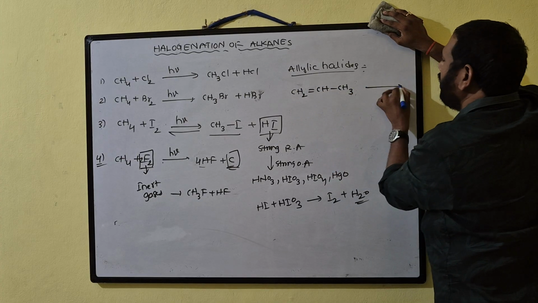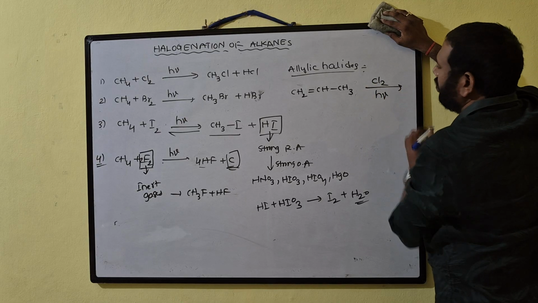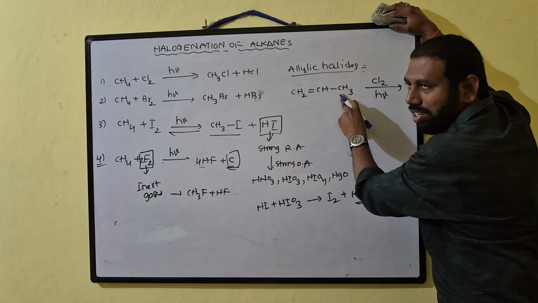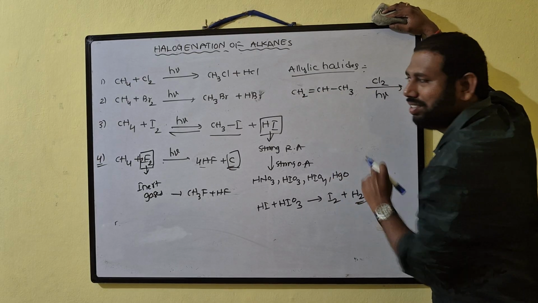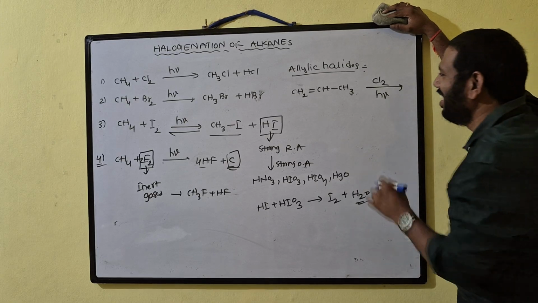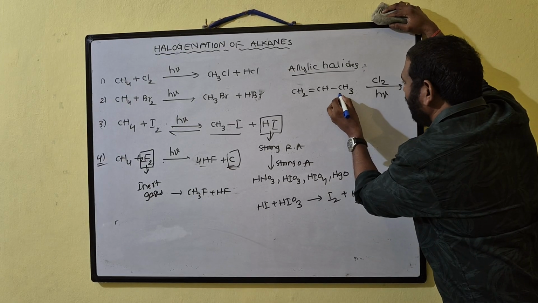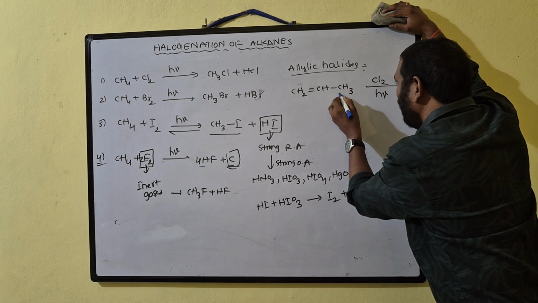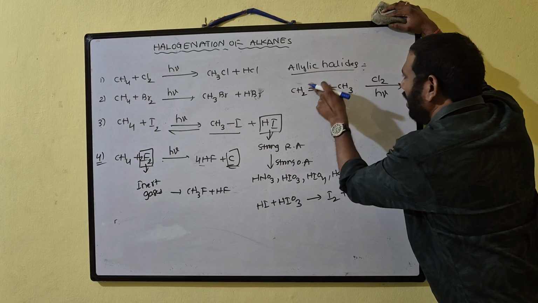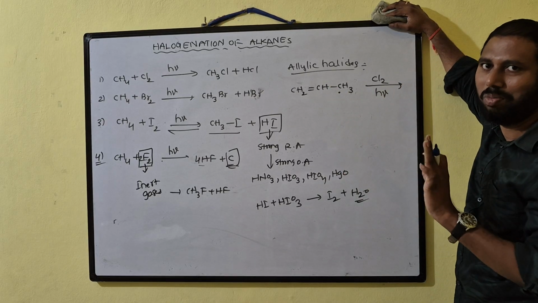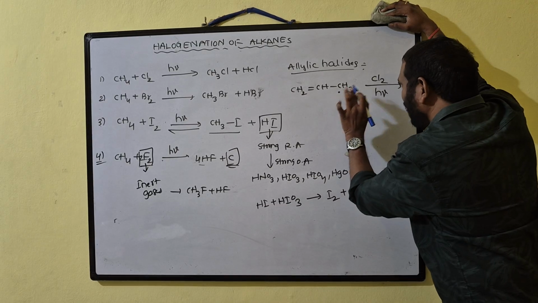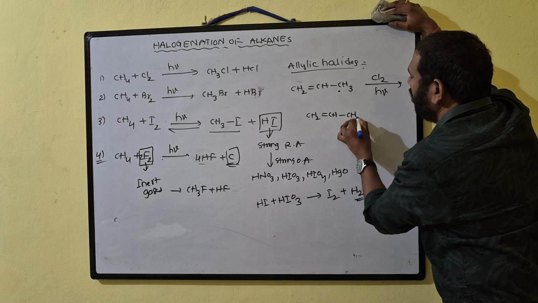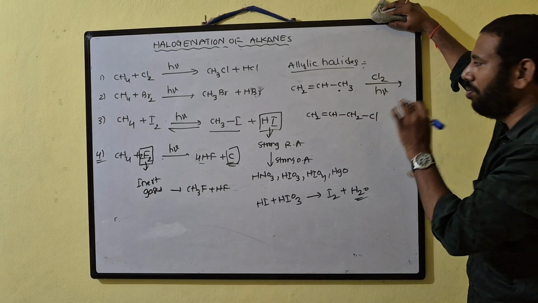When it is treated with chlorine in the presence of sunlight, at which carbon does substitution take place? Absolutely, at the allylic carbon, because it forms a carbon radical that is more stabilized by resonance with the double bond. Hence, substitution takes place at the allylic carbon. CH2 double bond CH single bond CH2Cl. Allylic chloride is formed in this way.